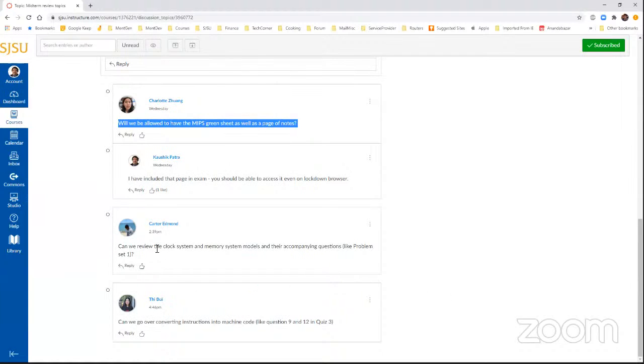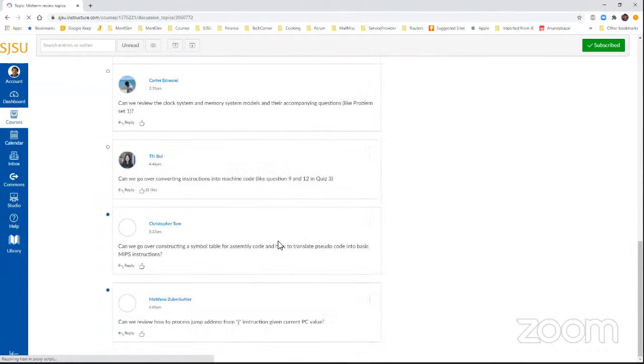One: can we review the clock system and memory models and their accompanying questions, like problem set 1? Oh no, we have more. Someone just keeps on entering. Okay, this one: go over instruction into machine code, like 9 and 12. Can we go over constructing a symbol table for assembly code, and how to translate pseudocode into basic MIPS instructions?